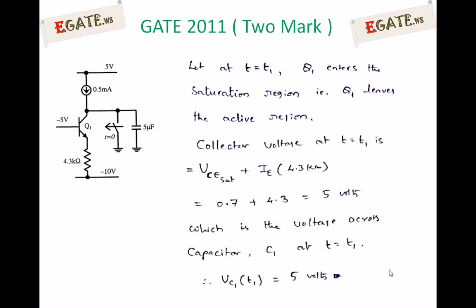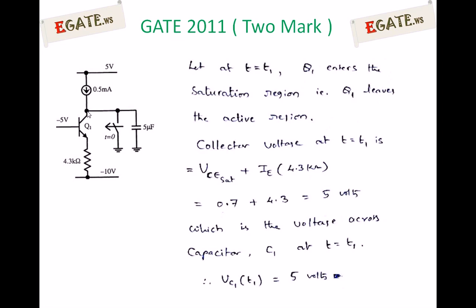So the collector voltage at t equal to t1 is VCE saturation plus IE into 4.3 kilo ohms. So the entire voltage now becomes 5 volts, which is the voltage across the capacitor. So at t equal to t1, the voltage across capacitor C1 is 5 volts.